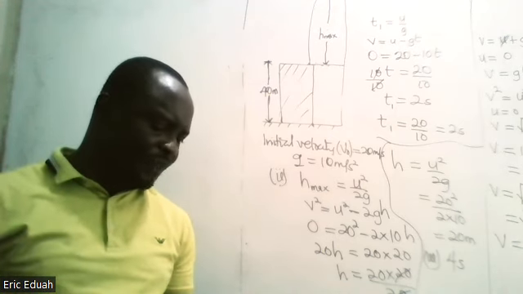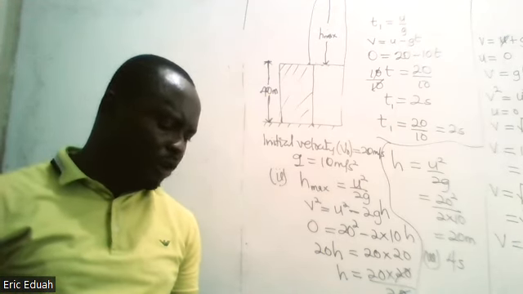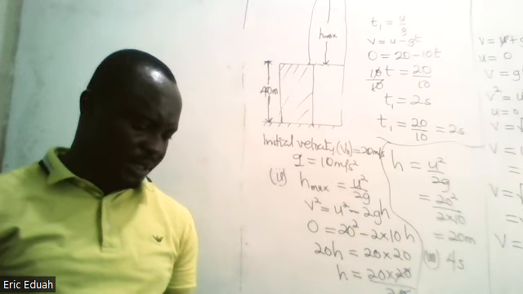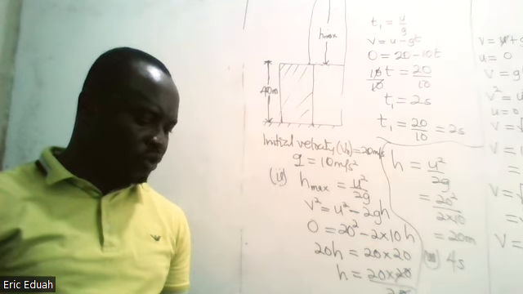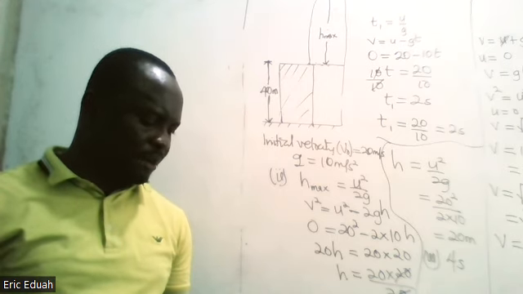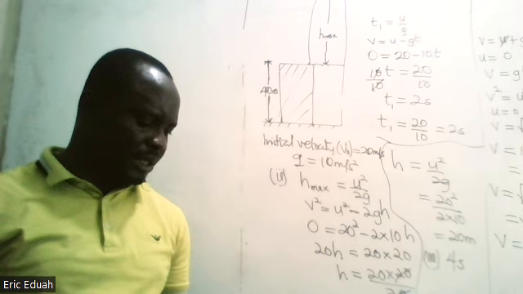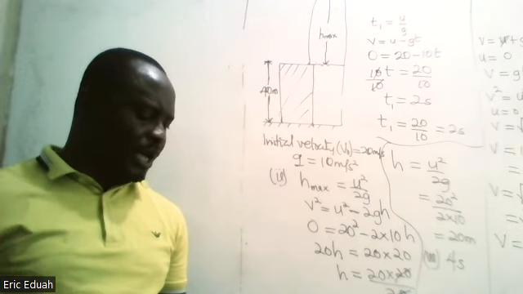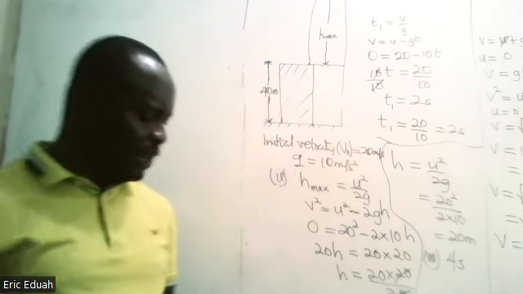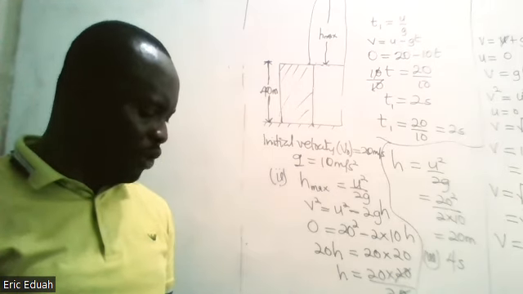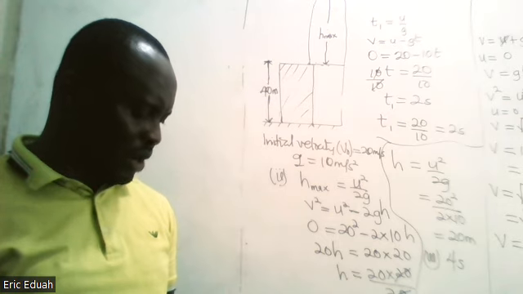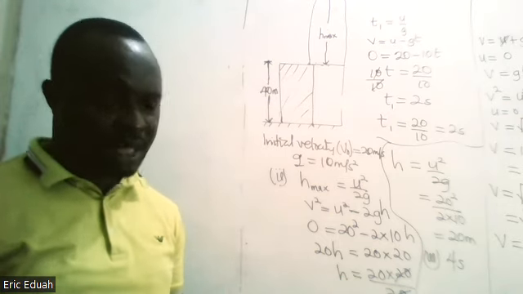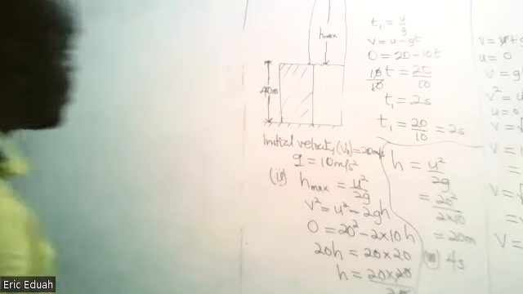Okay, then the last question, E. E says: the velocity V3 just before the ball hits the ground, and the total time of flight T3 at this instant. So we are first looking for the velocity V3 just before the ball hits the ground. Then we determine the time of flight.